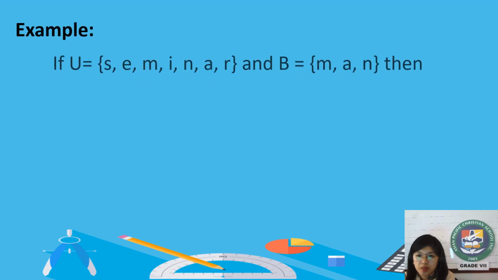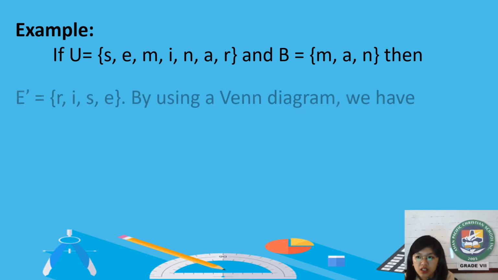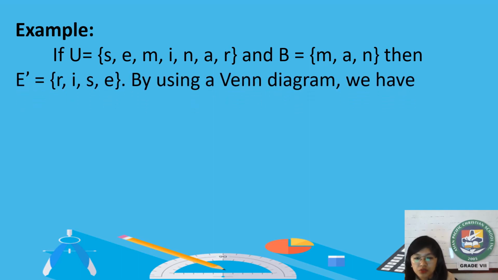So next example, if the set U is equal to the elements S, E, M, I, N, A, and R, and set B is equal to the elements M, A, N, then the complement of B is equal to R, I, S, E. So, bakit R, I, S, E? Kasi lahat ng mga nasa universal set na wala dun sa set B. So, ano yung mga yun?